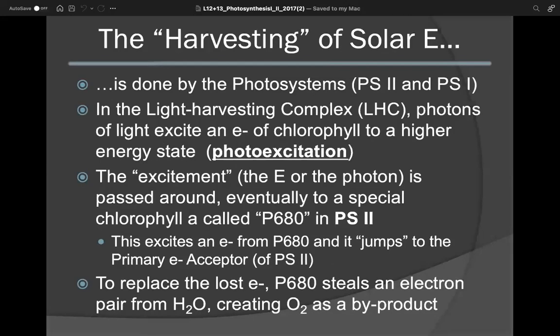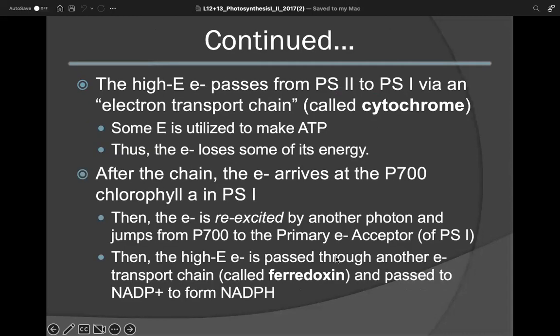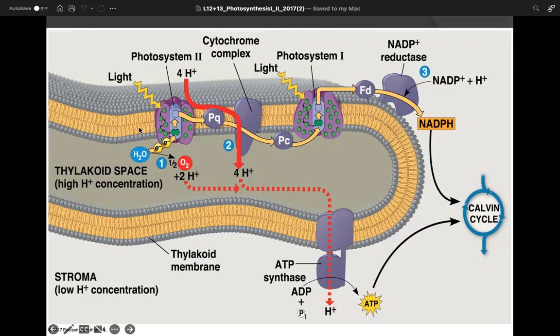If you remember the names of them, the 2 chlorophylls that we talk about are P680 and P700. Here we have our P680, with the light bouncing around, entering this photosystem complex.